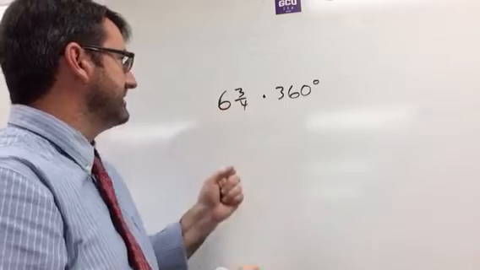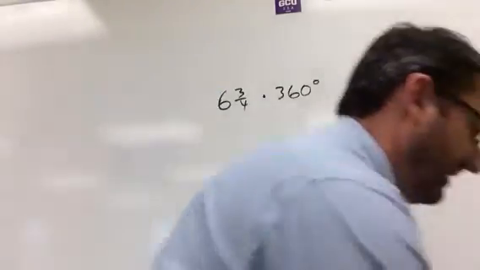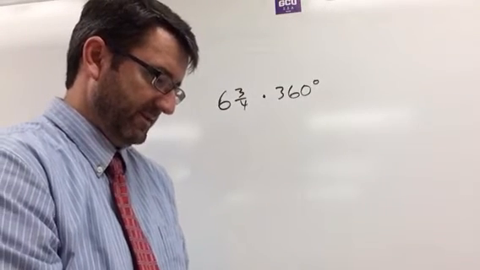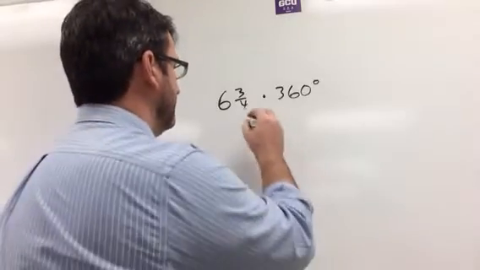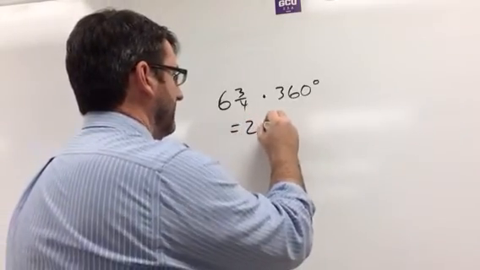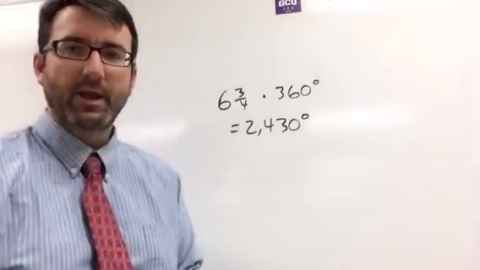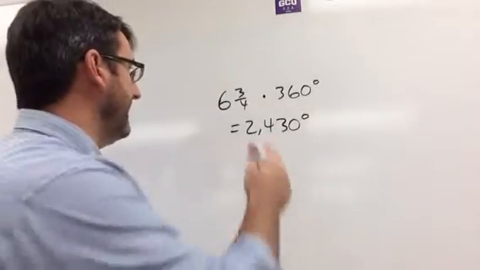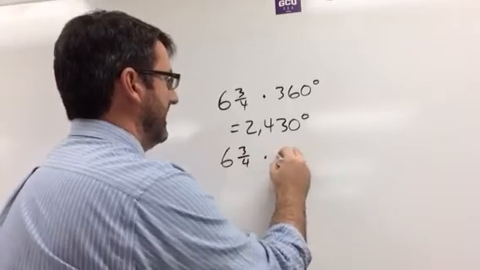And so 6 3/4 times 360, if we plug that into our calculator, 6.75 times 360 is 2,430 degrees.